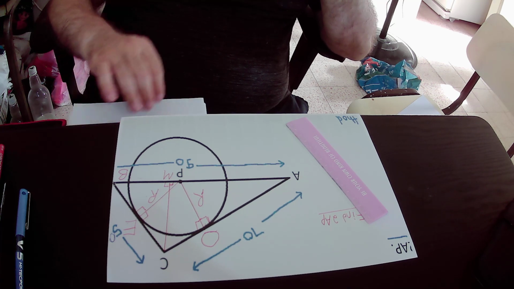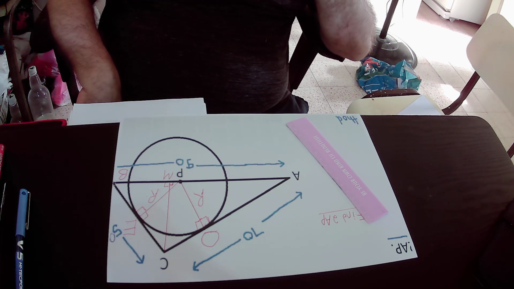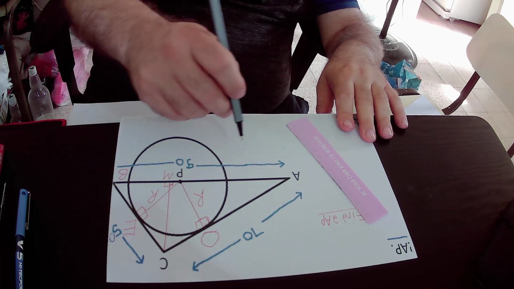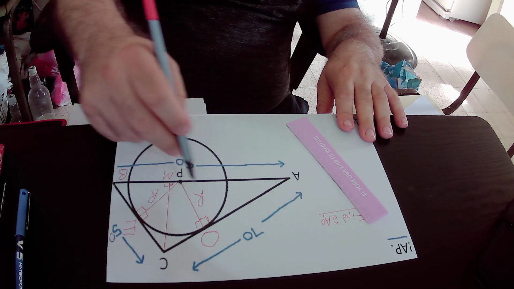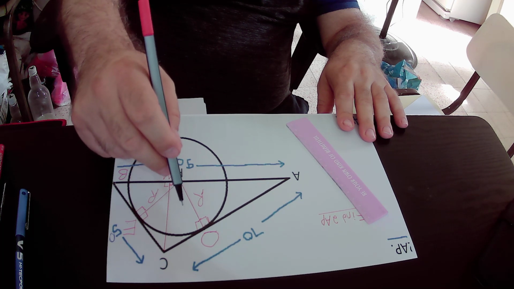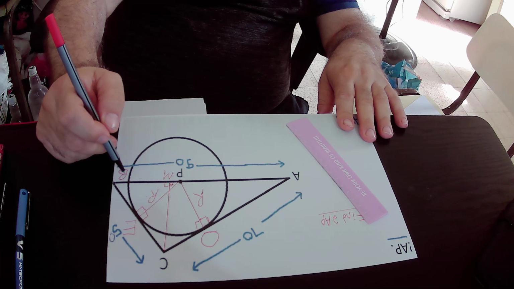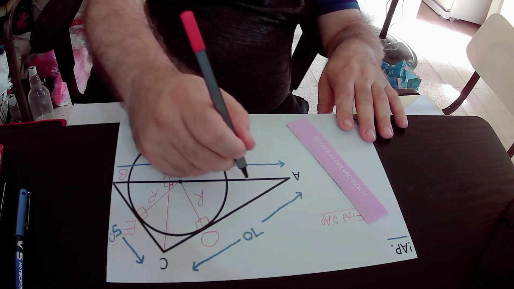In the next step we define angle CAB as angle alpha.